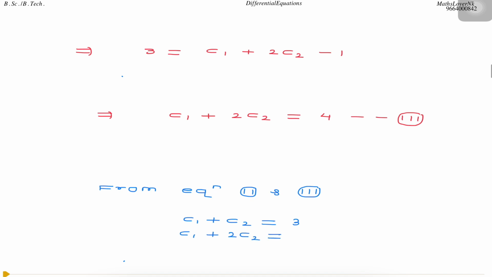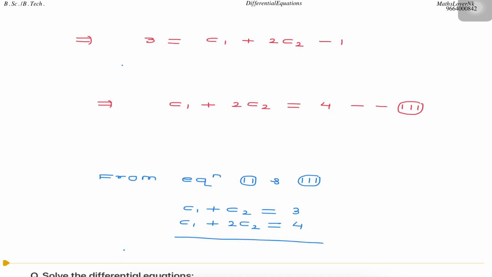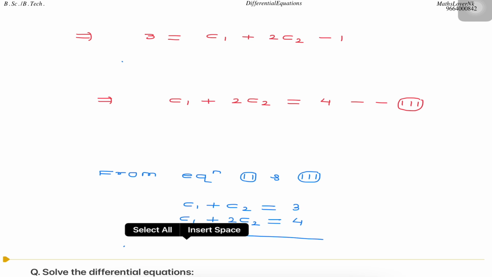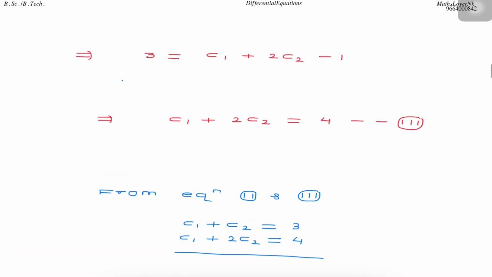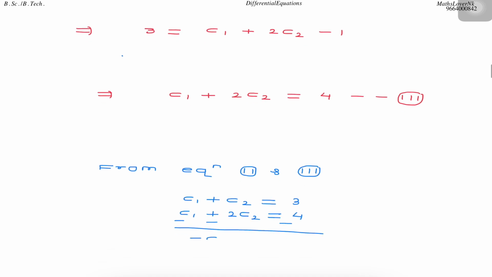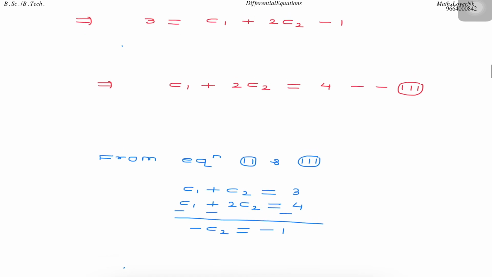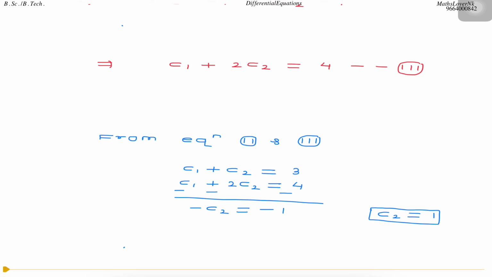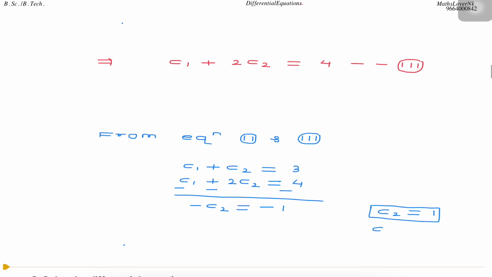Now by simple subtraction we can write minus C2 is equal to minus 1, so C2 is equal to 1. When we put C2 is equal to 1 in equation second, then we get C1 is equal to 2. So C2 is equal to 1 and C1 is equal to 2.